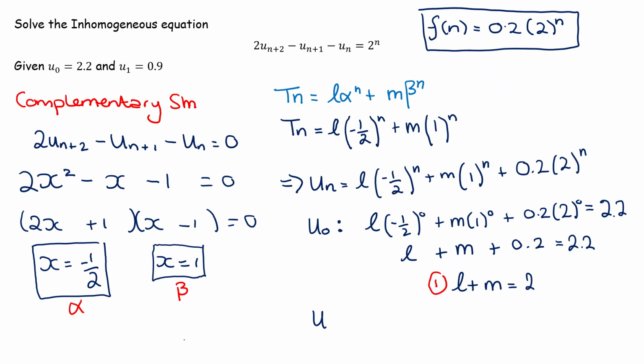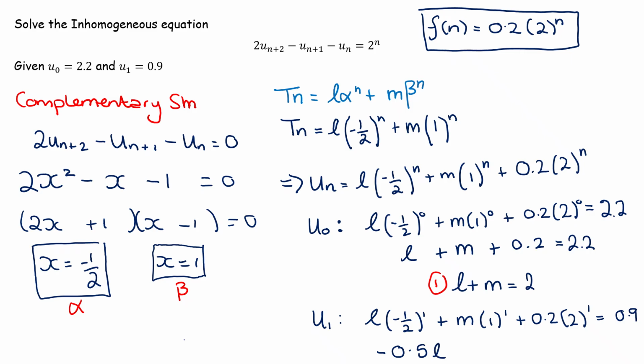We're going to do the same thing with u1, so that's L times minus half to the power of 1 plus M times 1 to the power of 1 plus 0.2 times 2 to the power of 1, and that equals 0.9. So we can do that as minus 0.5L plus M, plus 0.4, and that equals 0.9.